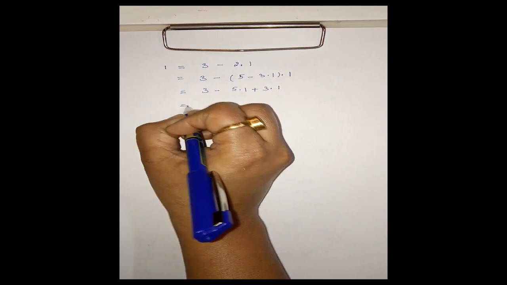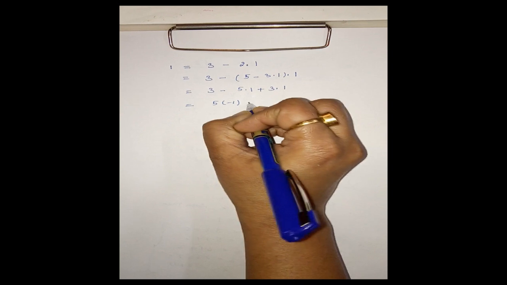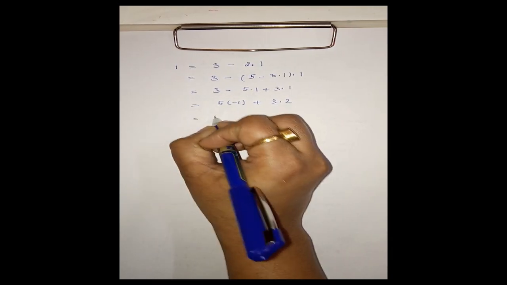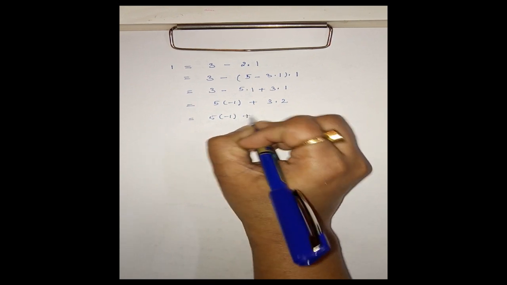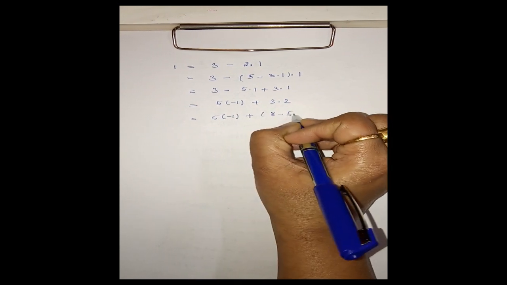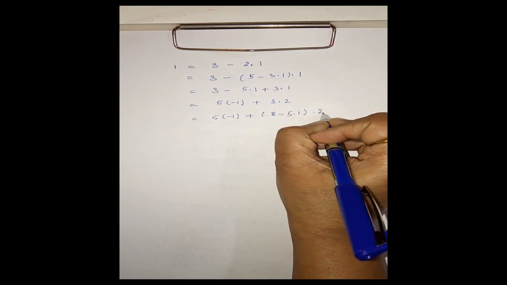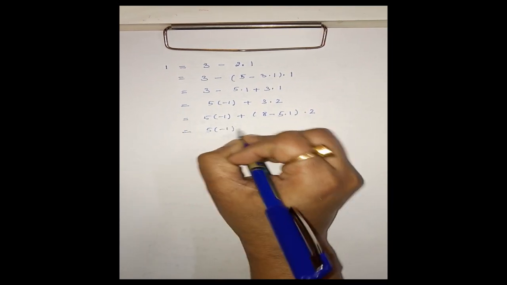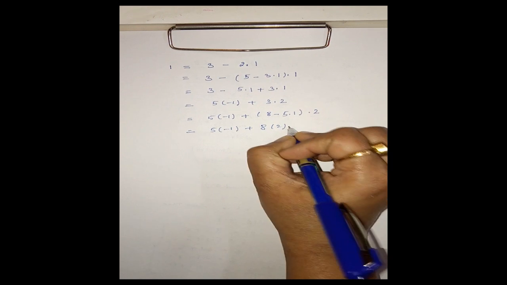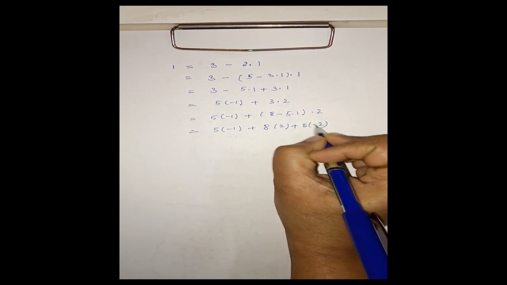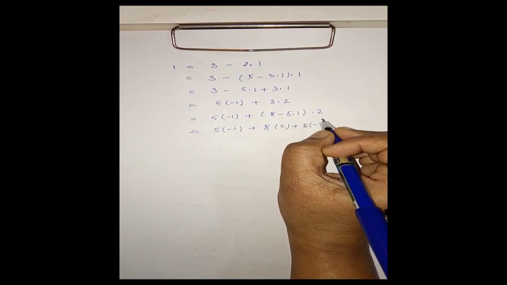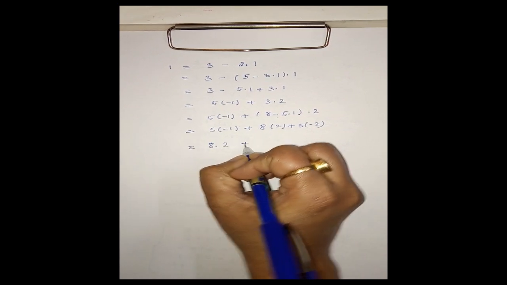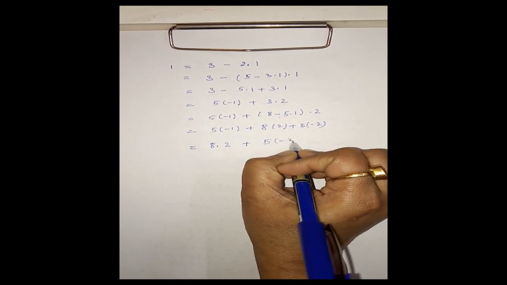That is 5 into minus 1 plus 3 into 2. Now 3 can be written as 8 minus 5 into 1, so that is 5 into minus 1 plus 8 into 2 plus 5 into minus 2. That is 8 into 2 plus 5 into minus 3.